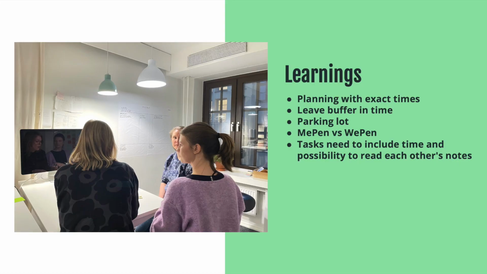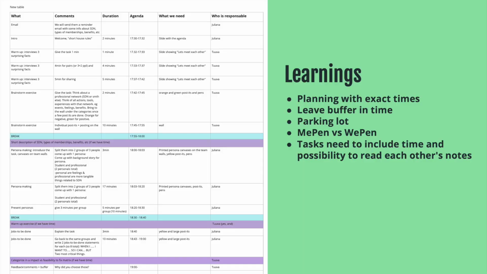So what we learned doing this workshop, well, what we used actually for the workshop planning was what we learned from Mark about making an Excel with times for the workshop, and that really served us well. And we actually left a buffer in the end, and we had a really short mini version, a medium version, and a large version of the last task.